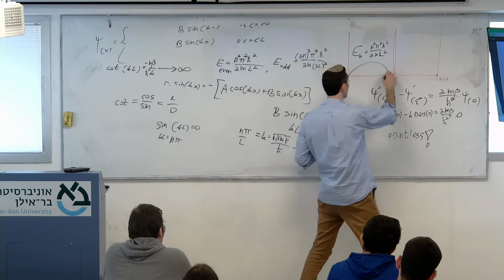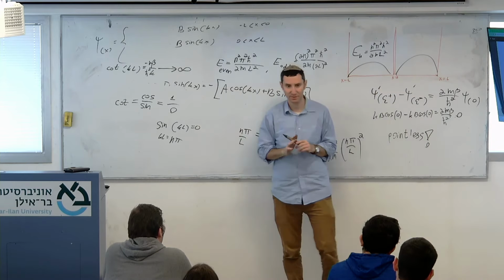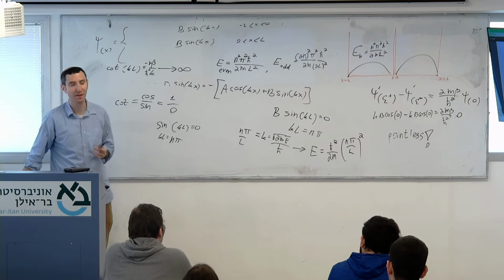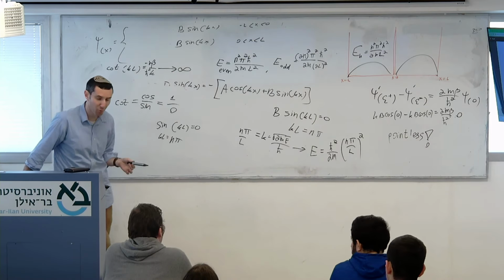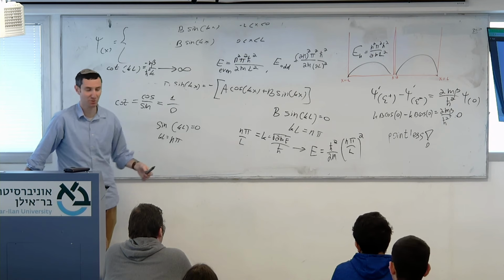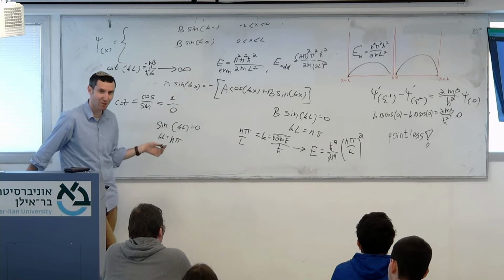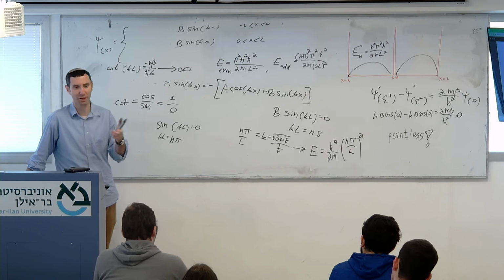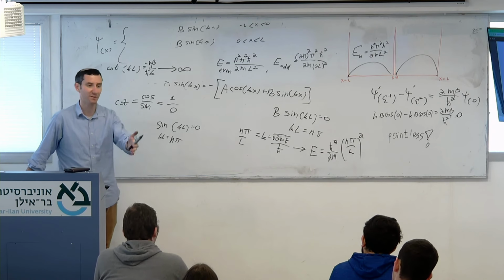I will get sines here and sines here, separate from each other. It's a little confusing. The important part for me as teacher was not this specific potential, but more the approach of assuming wave functions are odd or wave functions are even, and solving through that.